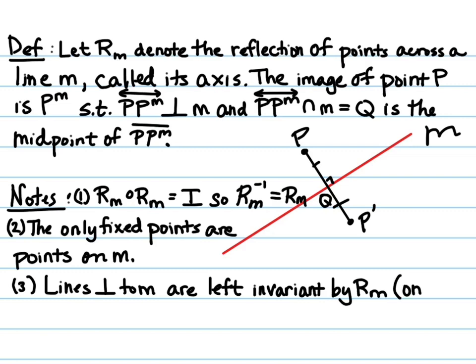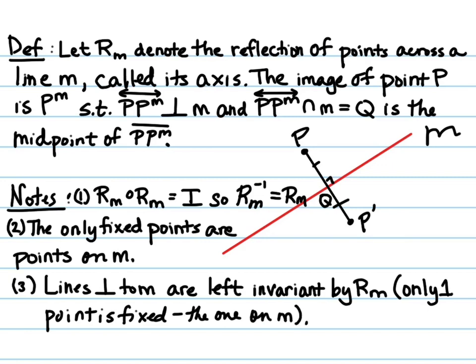So the line is in the same place, but only one point is fixed. What point? The one on M is the only point that's fixed.